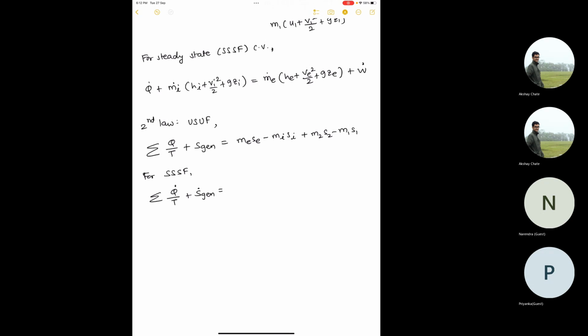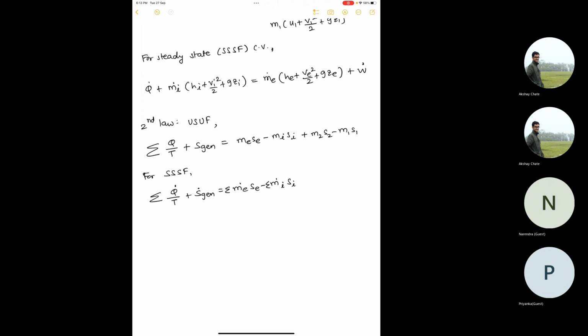So entropy generation within the control volume will also be a function of time. Then m dot e s e minus m dot i s i. So here the equation simplifies, and since this is a steady state flow, you have to take that integral basically.